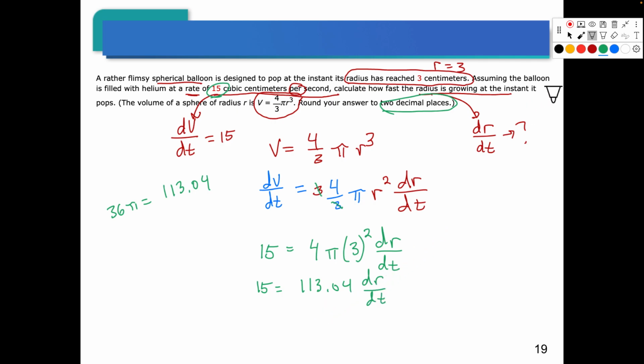And then to finish our solving, we just divide both sides because we want to get dr dt by itself, right? Divide both sides by 113.04.